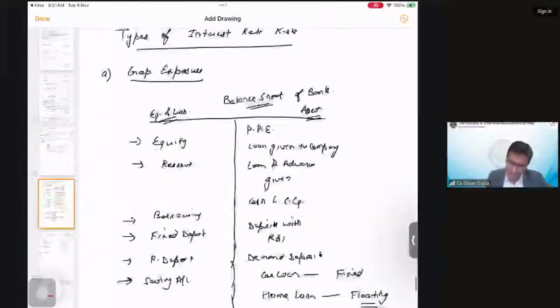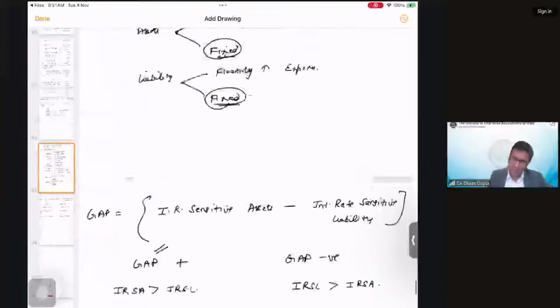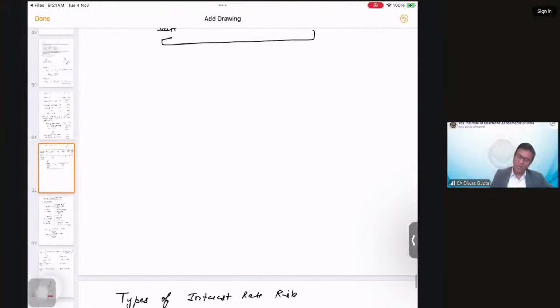And swap can be for anything, students. If you want to convert fixed to floating, or floating to fixed also.